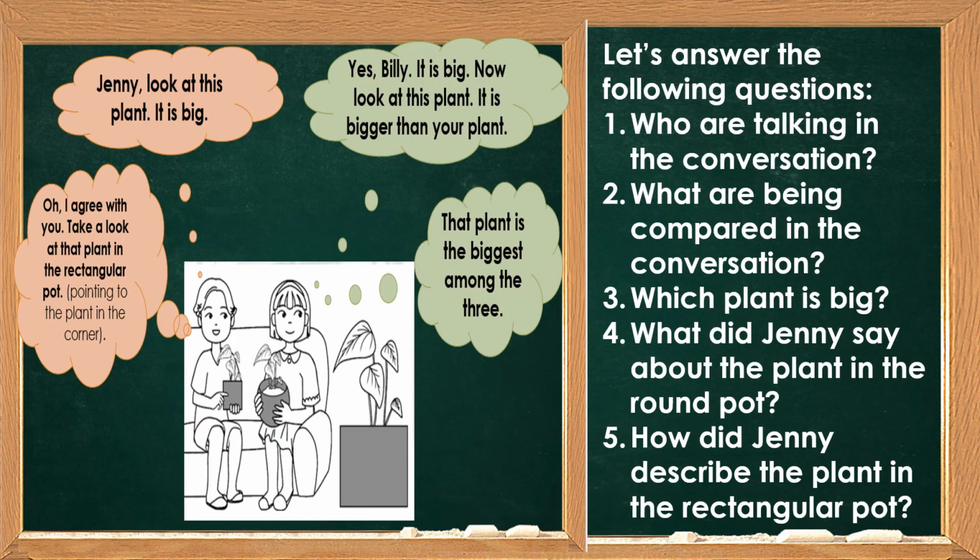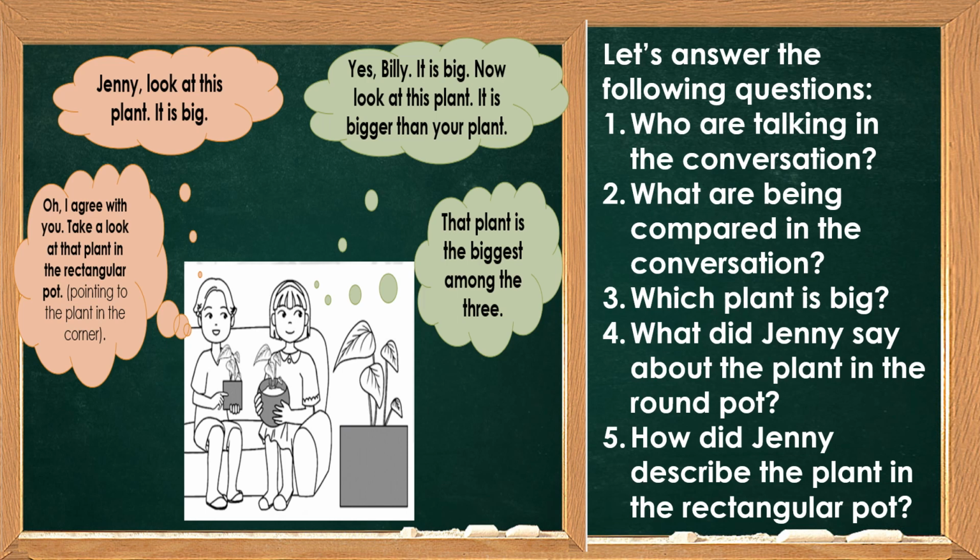Now let's answer the following questions. Are you ready? Okay, great. Number 1. Who are talking in the conversation? Right, it's Jenny and Billy. Number 2. What are being compared in the conversation? Very good.